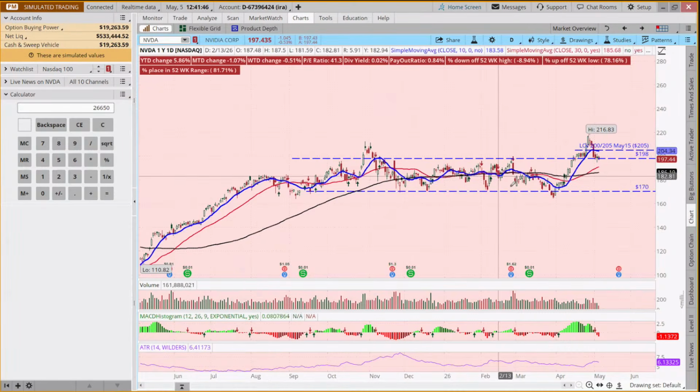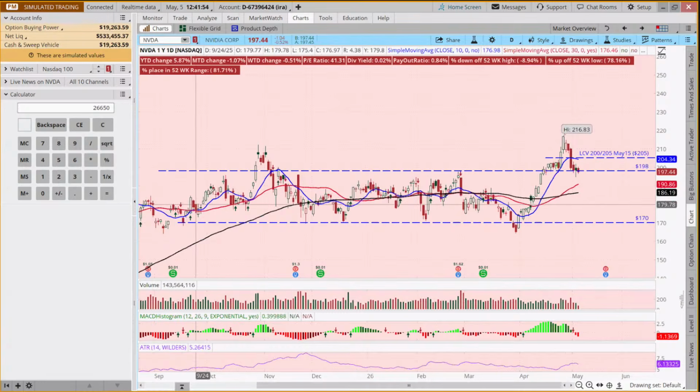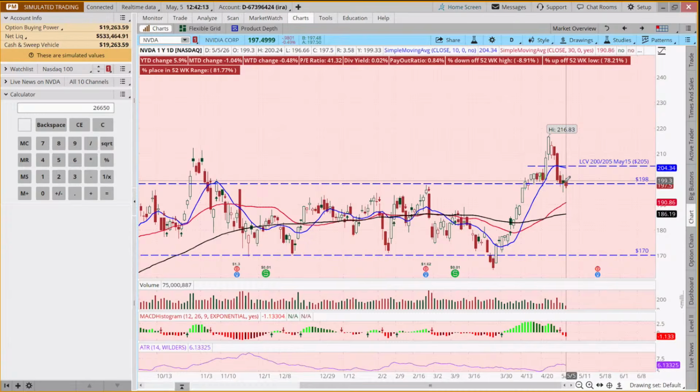And then it went a whole lot of nowhere, starting in September and right through the middle of April. So we were doing that idea, in trading a smaller account, of trading that iron condor, where the expectation was that it might stay in this range. And it did until it didn't. And then it broke out and it's kind of hugged the line. And then we had a couple of big up days, and now it's back to this line.